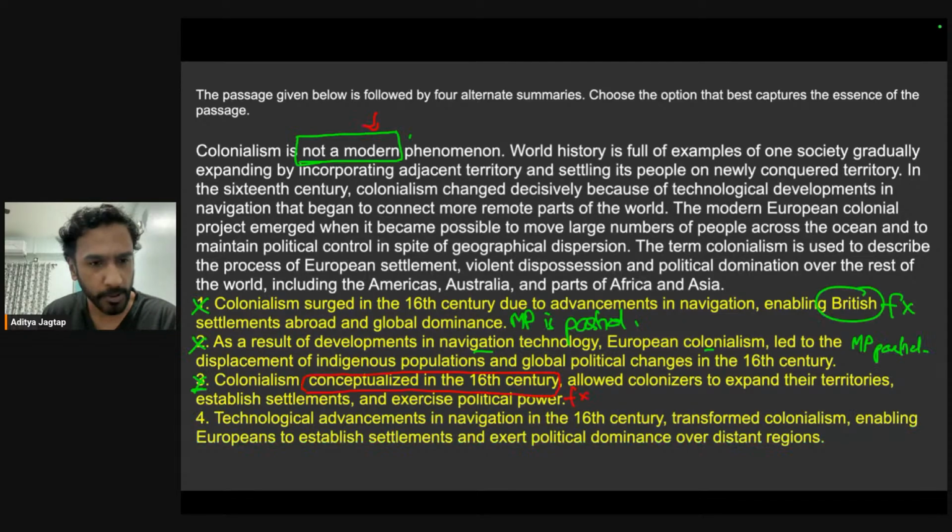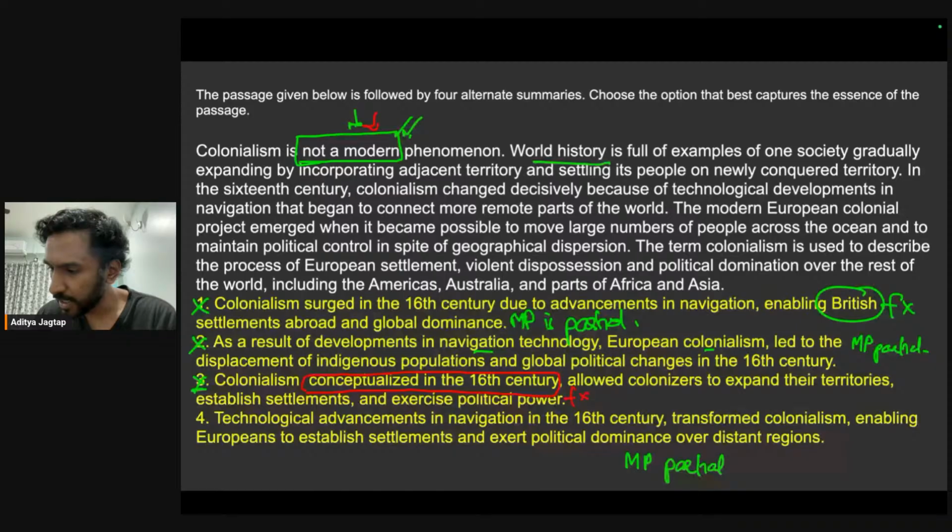If you notice, option four also has the main point partial, meaning it is not exactly saying that colonialism is not modern. What I mean by not modern, and I've repeated this three times, is that the author is telling us world history is full of examples of one society gradually expanding. So colonialism is not only old, it's actually quite common.